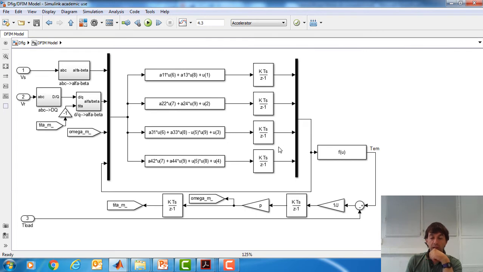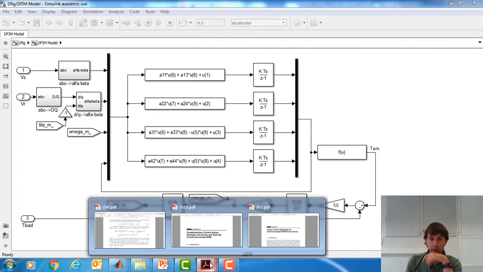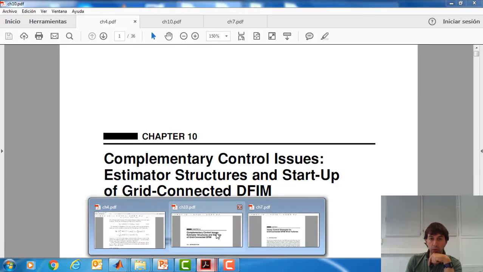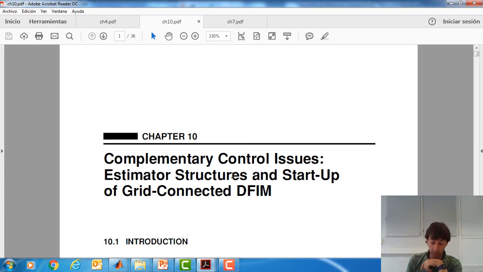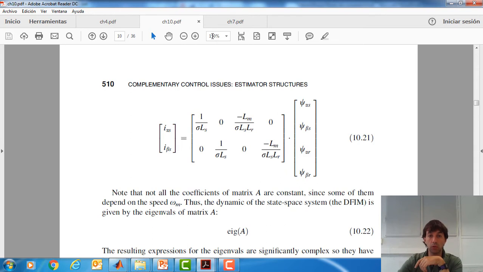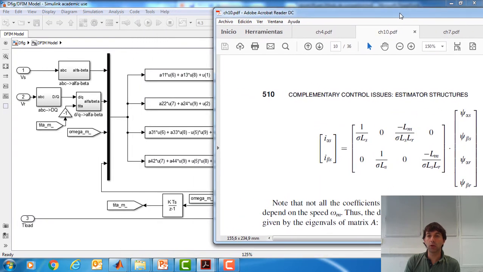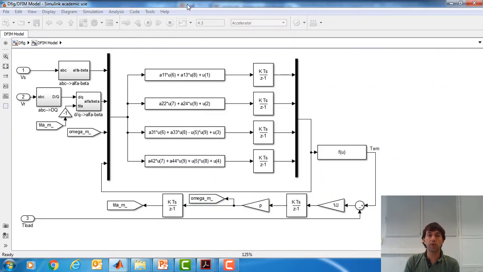So therefore we need another equation that should be taken from the book, I think in chapter 10, in page 10 as well, if I'm not wrong, yes. Directly here we can use one equivalent model expression that gives us the stator currents in function of these stator and rotor fluxes in alpha beta components or a stationary reference frame.